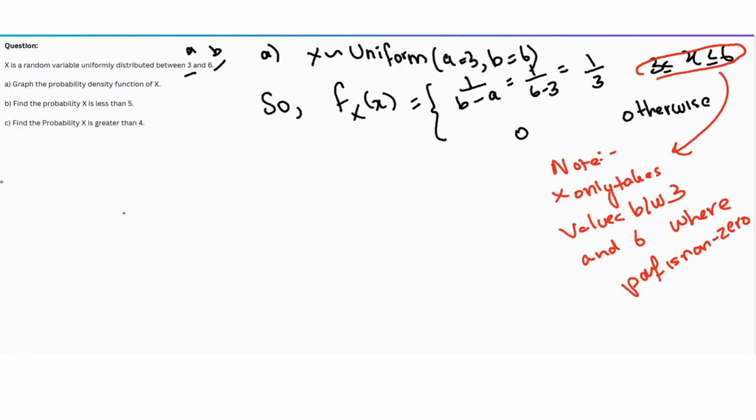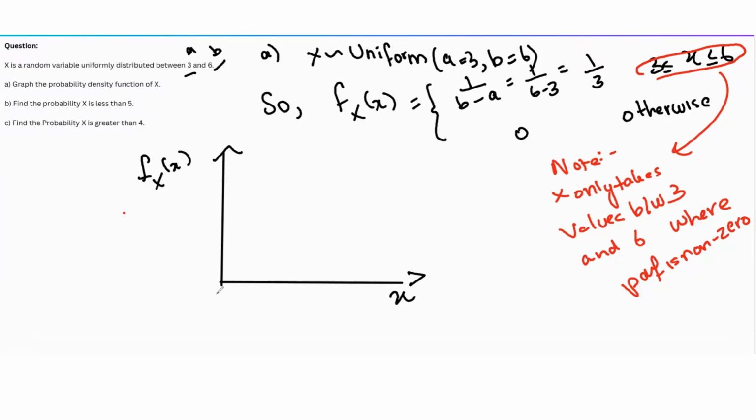Now, the way we're going to plot this PDF is as follows. Small x represents the values the random variable capital X takes, and this axis is fX of x.